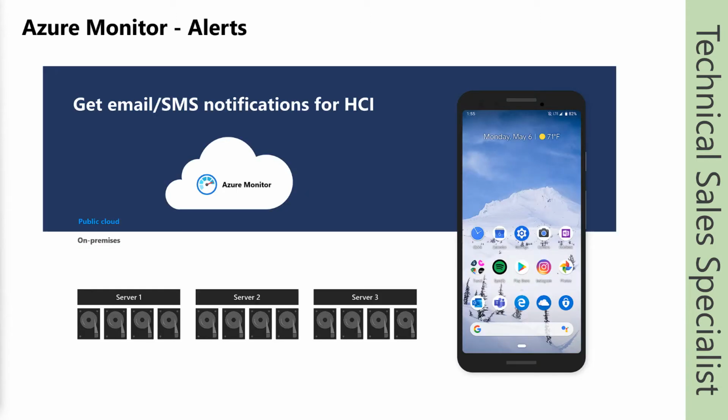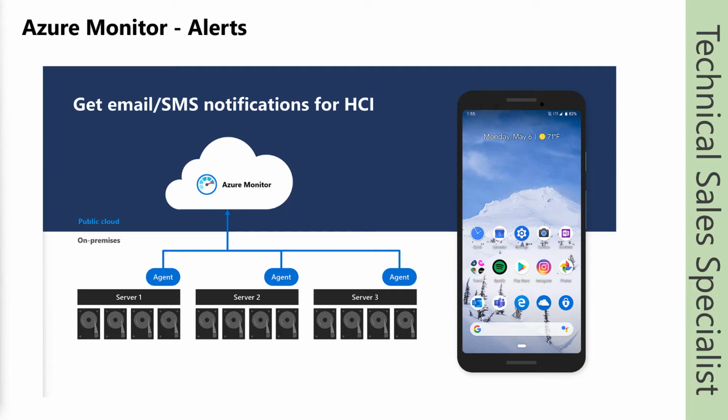Let's have a look at how Azure Monitor will work for Azure Stack HCI. In Azure Stack HCI, we know we have servers on premises with local drives. And these local drives provide our software-defined storage capacity with a highly available configuration across the servers. But for sure, it's possible to connect these servers via monitoring agent to Microsoft Azure.